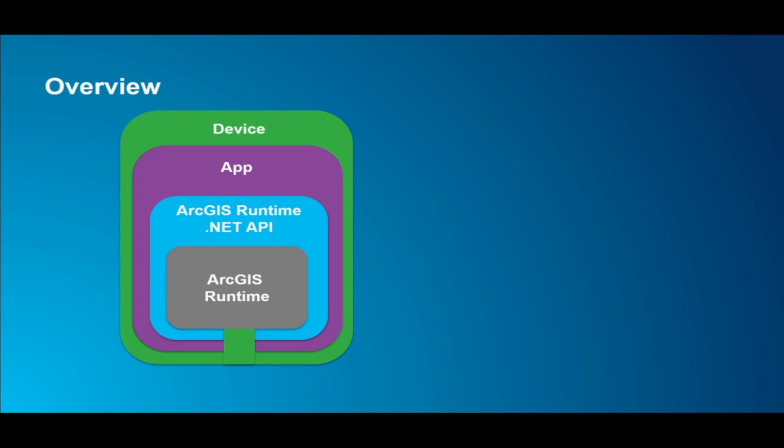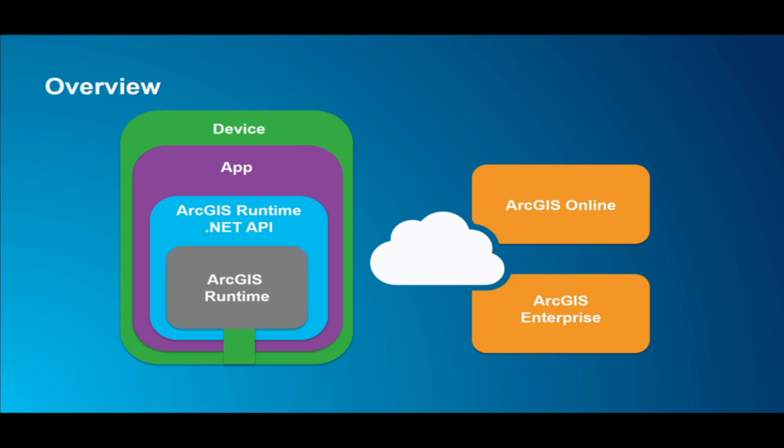With all of that functionality, you make calls down into the device, with great support for native capabilities of the platform, whether you're working on Windows, Android, or iOS. But the ArcGIS Runtime also provides great support and integration with online workflows as well: identity management, working with online services, working with your WebGIS, whether that's in ArcGIS Online or within your enterprise.